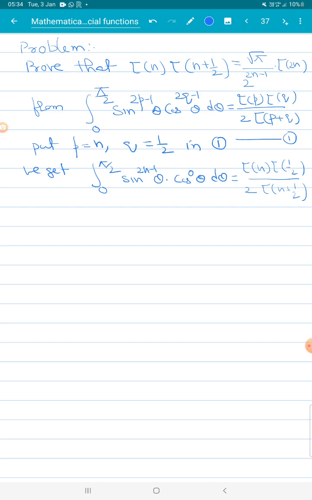Now put p is equal to n and q is equal to n in 1.